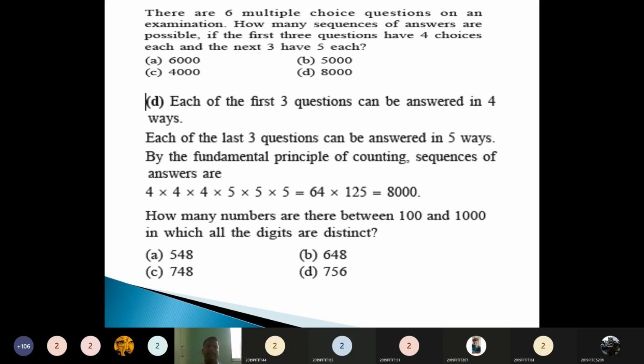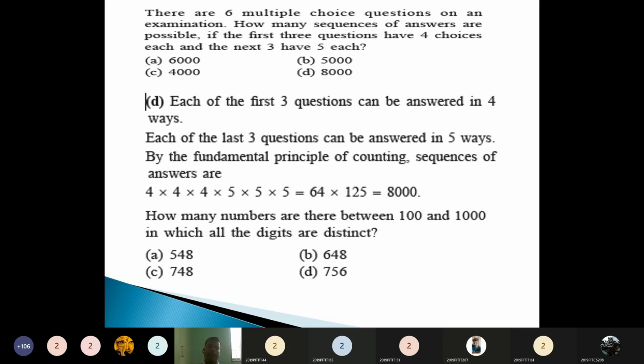Okay, so understand the question properly. How many numbers are there between 100 and 1000 in which all the digits are distinct? So 3-digit numbers, in which the digits are distinct. For example, 100, that has 0 coming twice, so it should not be counted.